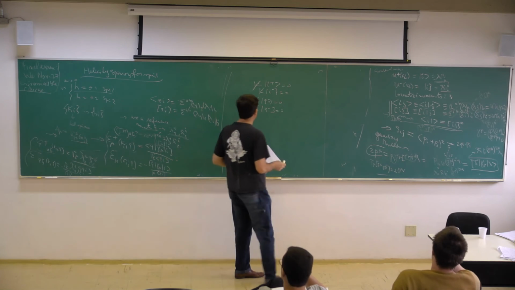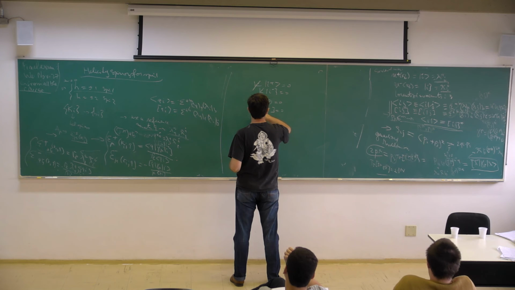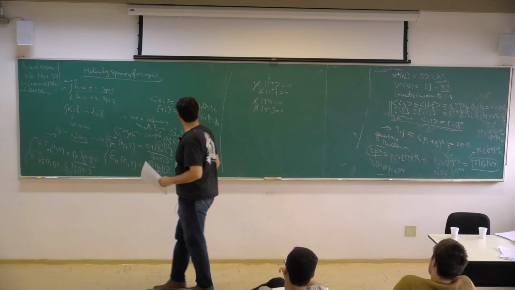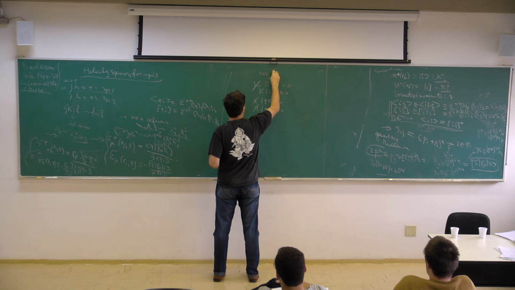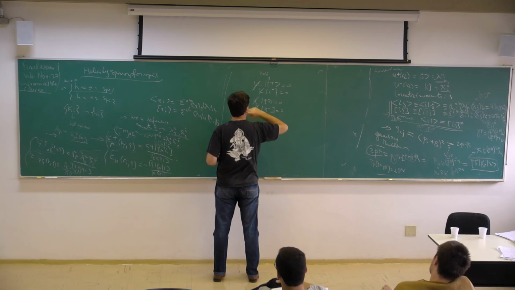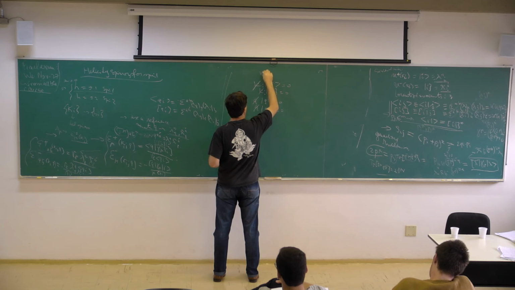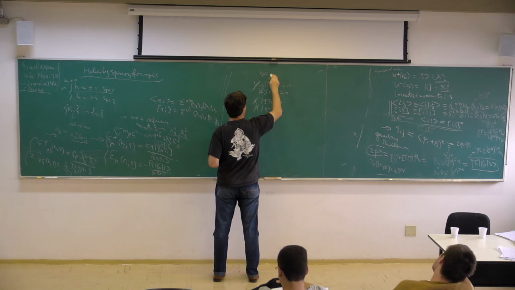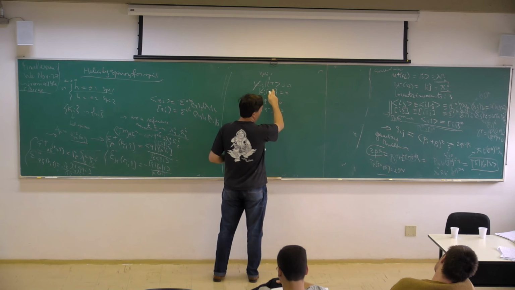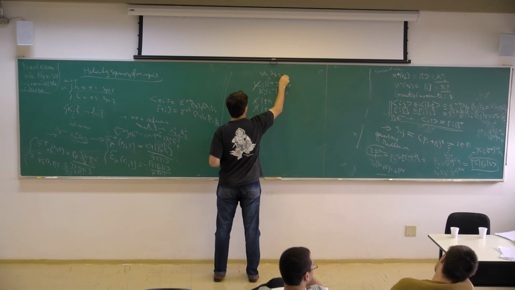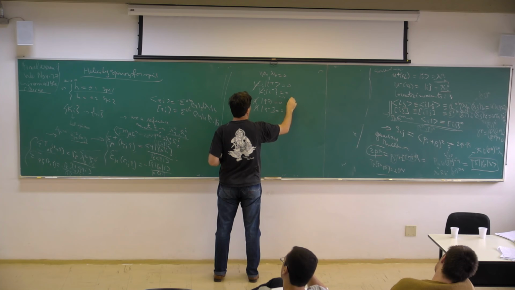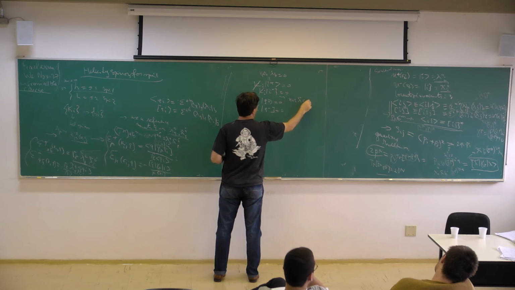So this is equal to, let's say in this case, KI AB dot lambda B equal to 0, and this KI AB dot lambda tilde B dot equal to 0.